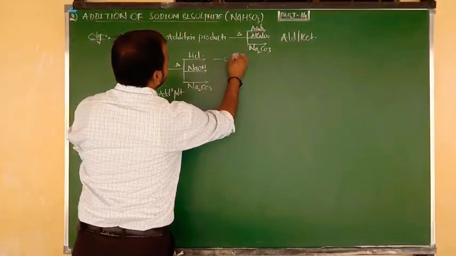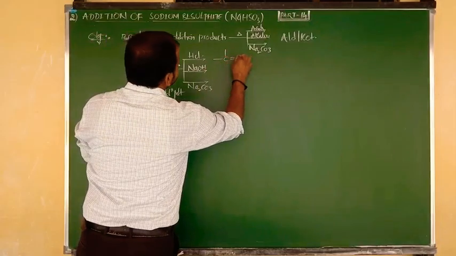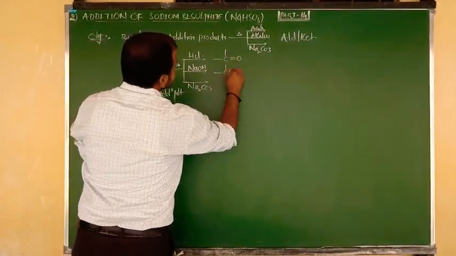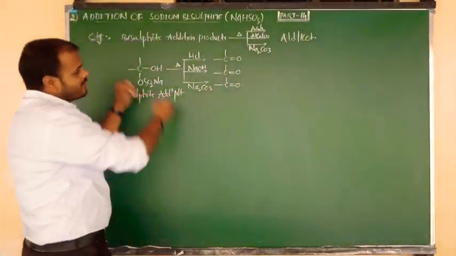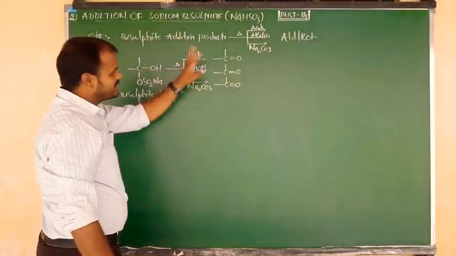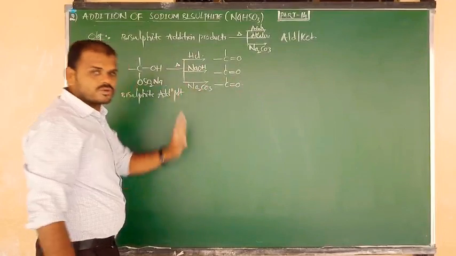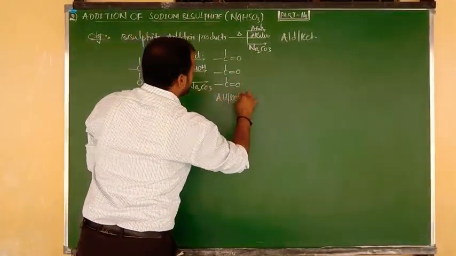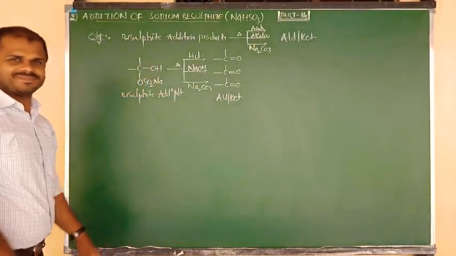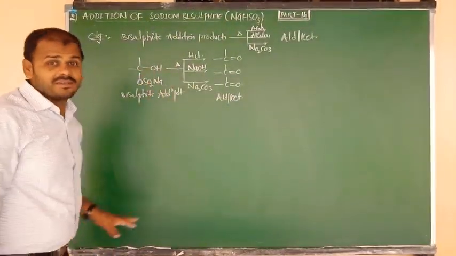So what is the formula of aldehyde and ketone? C double bond O. Here also the same thing, C double bond O. In all three cases, upon heating with acid, with base, with sodium carbonate, we get the product, either aldehyde or ketone. And in the first case, what are the byproducts?